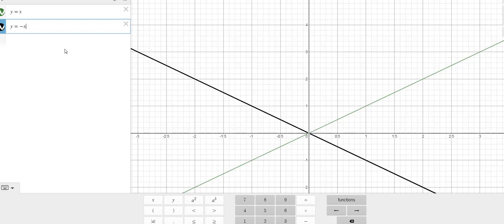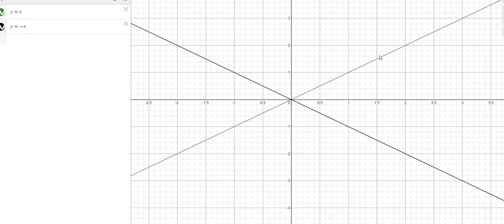From negative x, we're getting the reflection across the y-axis here, right? This green line reflected across the y-axis is the black line portion of negative x, but also the x-axis. It's reflected across both axes, as you can see.